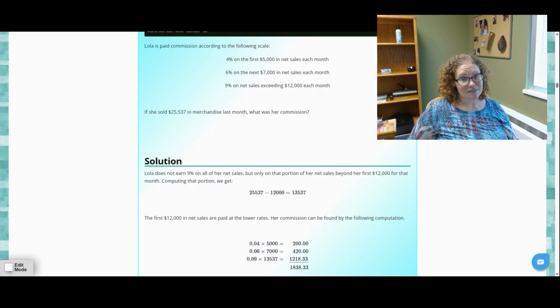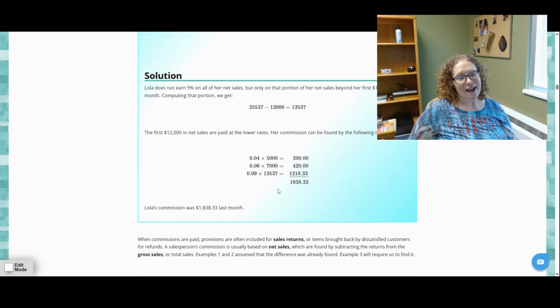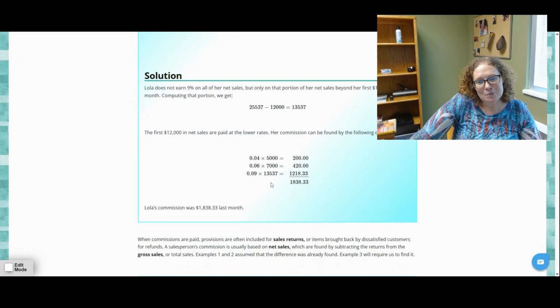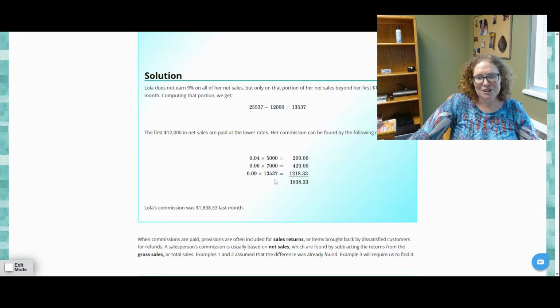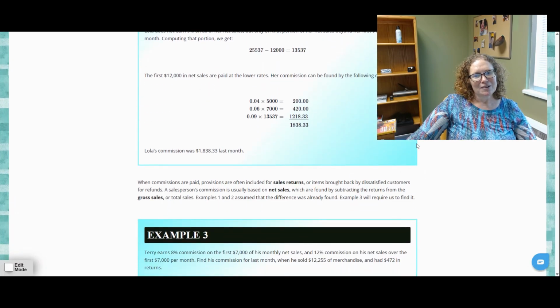The rest of it, she's going to get either the 4% or the 6%. So we have 4% times 5,000, 6% times the 7,000, and 9% times the 13,537. So her total would be $1,838.33. You would think that would be easy enough.